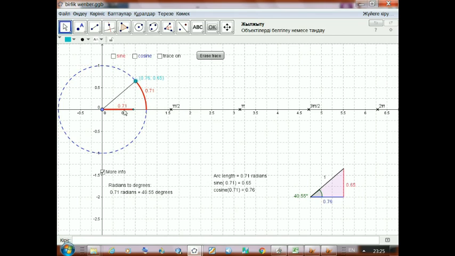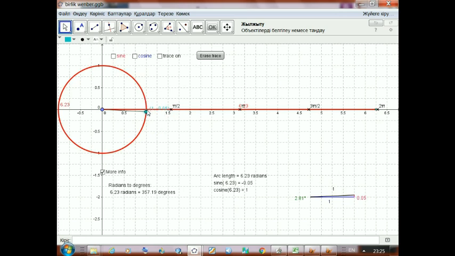This line segment shows us the length of this arc. As we increase the angle, the length of the line segment is increasing. When we have the complete angle, it's 2 pi, and the length of the line segment is 2 pi.